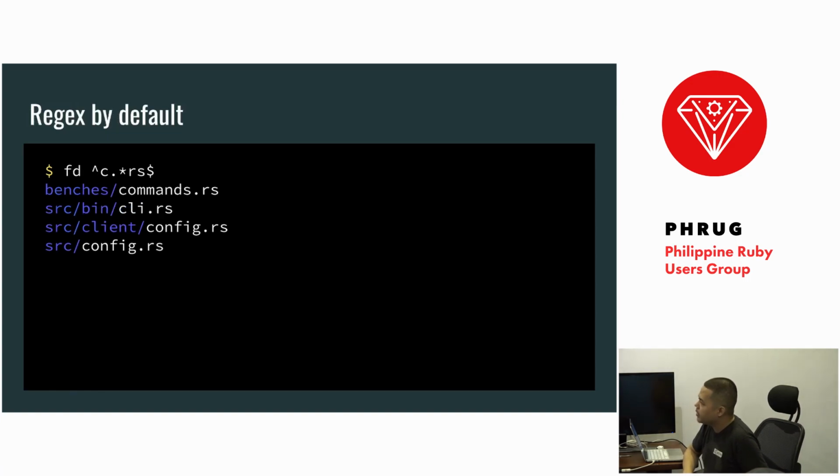As I mentioned earlier, it's a pattern by default, so it's already a regular expression by default. And here we're searching for files that start with the letter C and end with RS. So these are the matched files, and yeah, it's colored and highlighted.